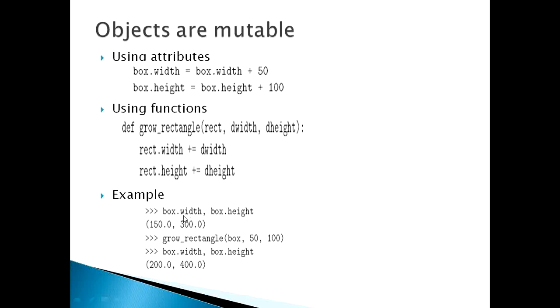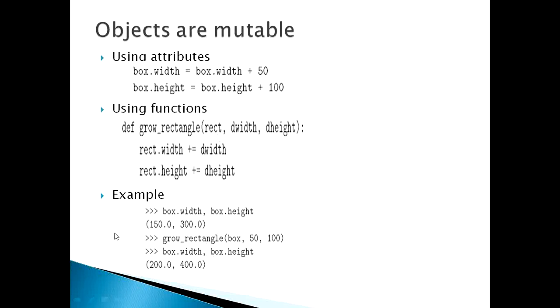Now, in order to demonstrate it, we have taken an example here, that is box.width and box.height, which are 150 and 300. So that means we are passing the arguments. Okay, box is nothing but an alias for the rectangle. That means whenever the function modifies the rectangle, the box also changes.